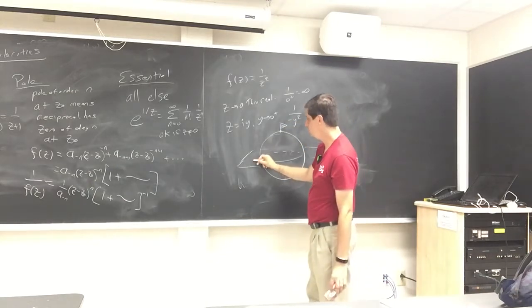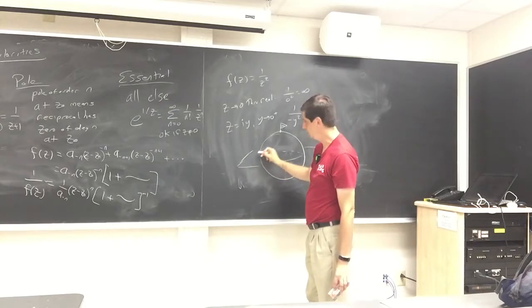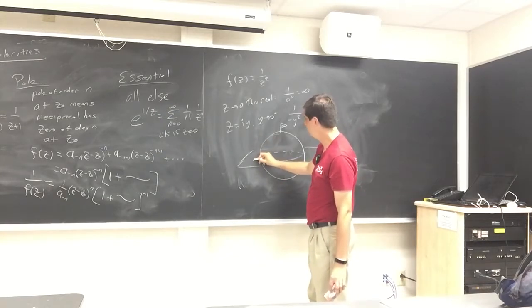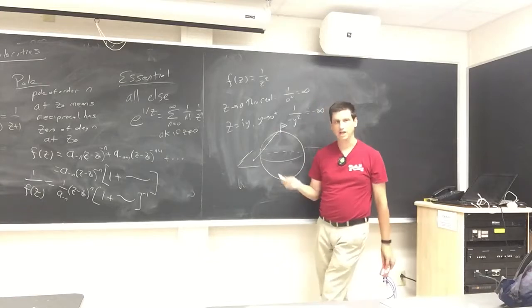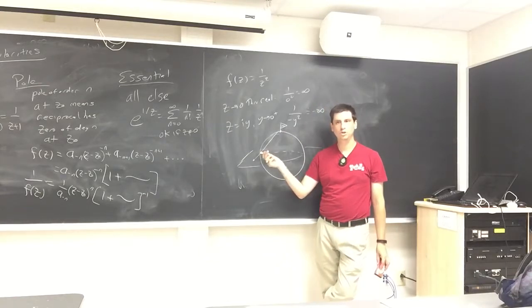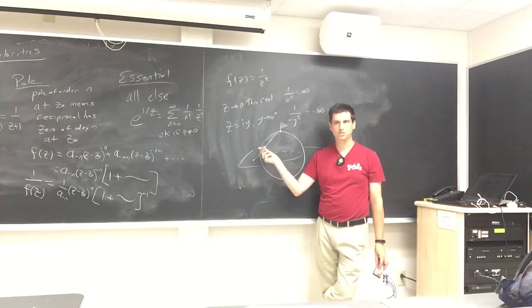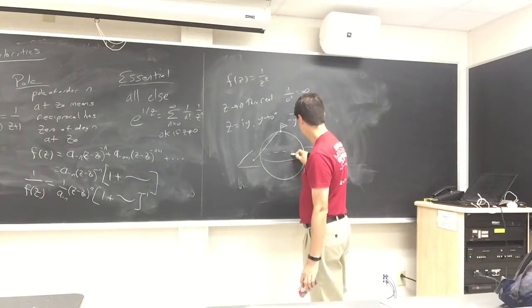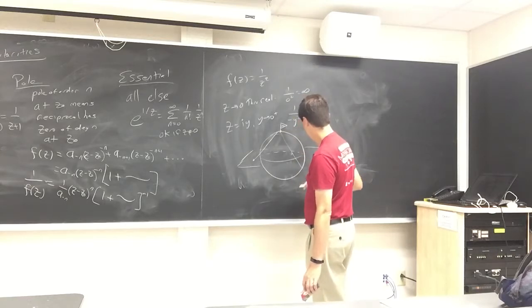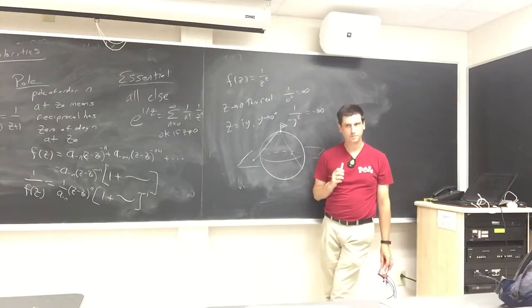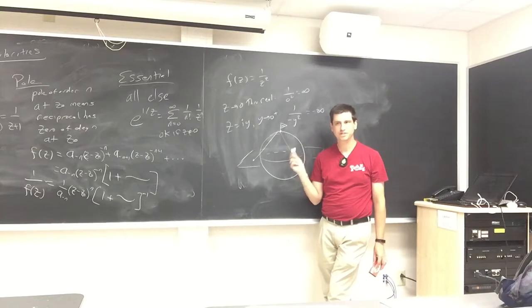You give me any point in the plane, and I draw a line from your point to the north pole. And it will hit the sphere in one and only one point. If it's outside the equator, it will hit the surface of the sphere up top. If you're inside the equator, it will hit the surface down below. Every point on the sphere is hit but one point.